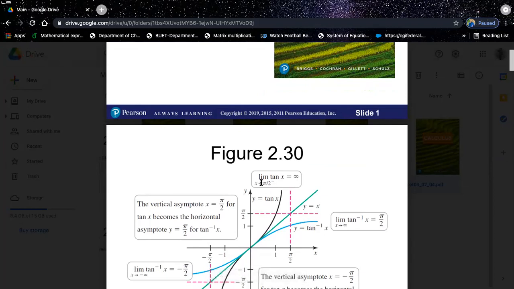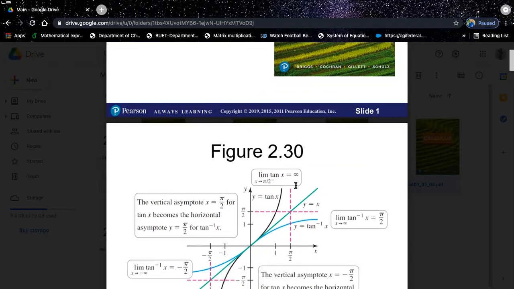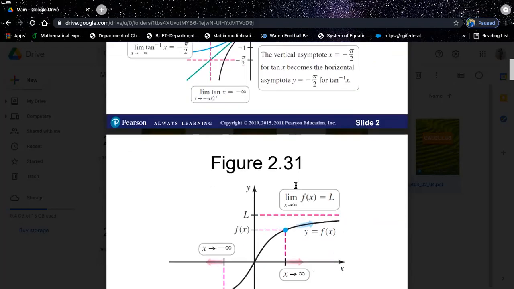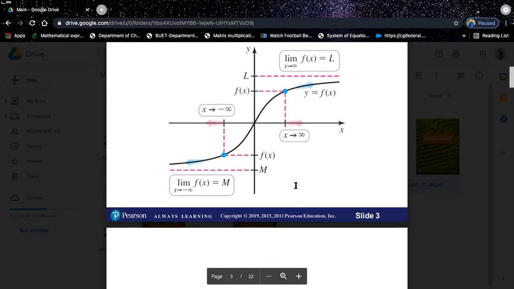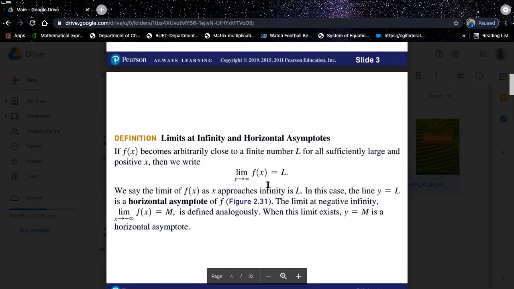We want to see that as well, because often you will see there is a horizontal line which the graph is not really crossing. Let's see the definition first, and then we'll go back to the graphs.